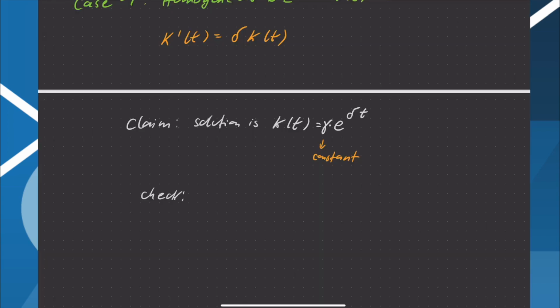So let's compute k prime. Now k prime is gamma times delta times e to the delta t. So we get exactly delta times k of t. And that means we successfully solved our differential equation here.